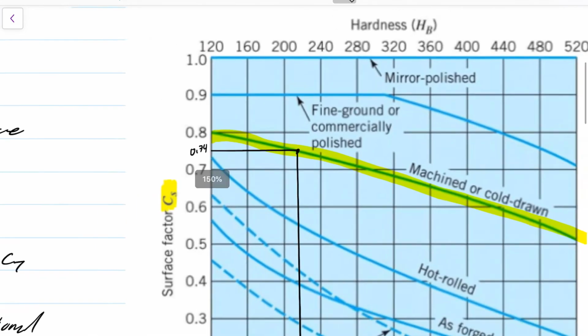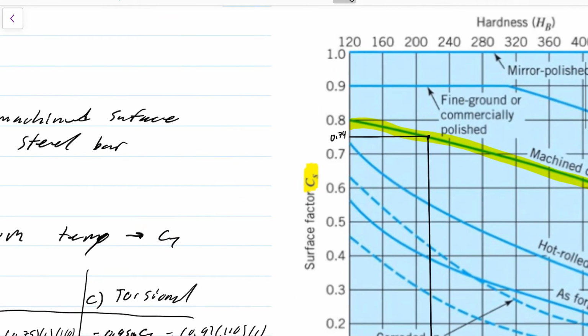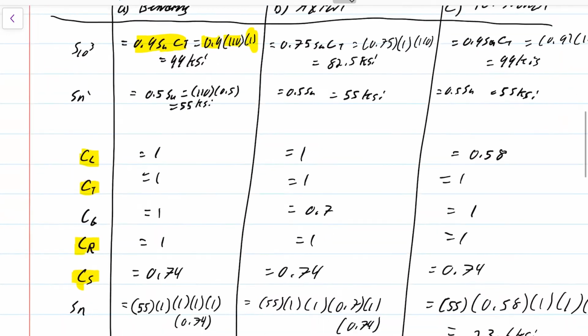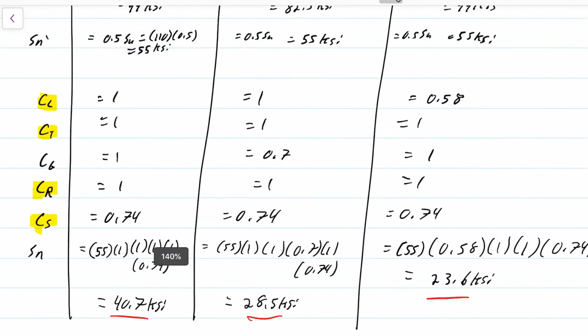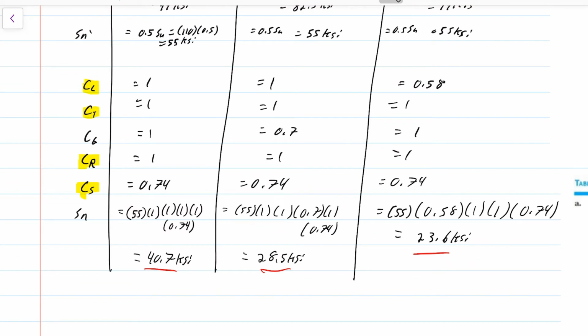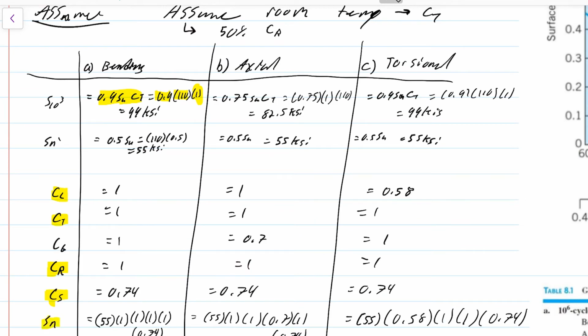That's also just an approximation. You really can't be that accurate with this, you just need to take a guess. That's how you find the surface factor value. So we can write that into the table for all of them, where we have 0.74, 0.74, 0.74. Now that we have everything, we can find our SN value.